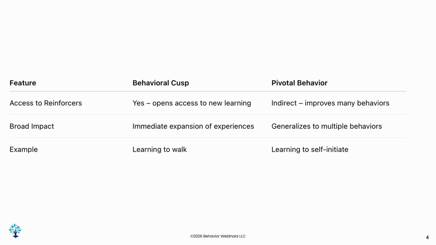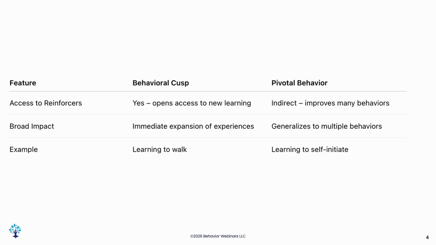It doesn't necessarily open that access. Their broad impact for a behavior cusp is immediate expansion of their experiences and what they can do within the world. And pivotal behavior generalizes to other behaviors. Like we talked about being able to self-monitor as a pivotal behavior or self-management will generalize to other behaviors.